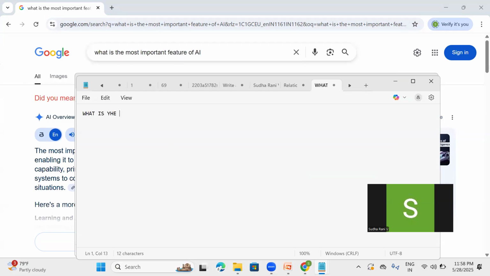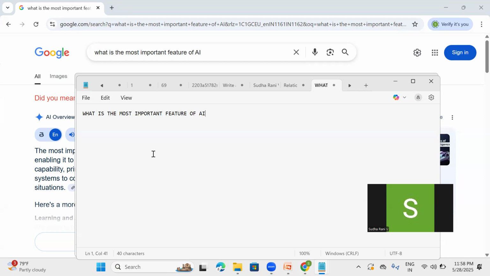What is the most important feature of AI, right? So this is the query which I am going to give for my search engine.